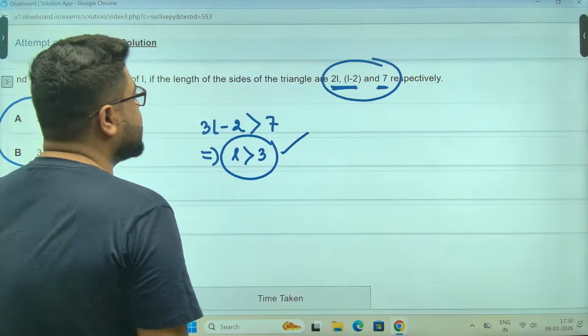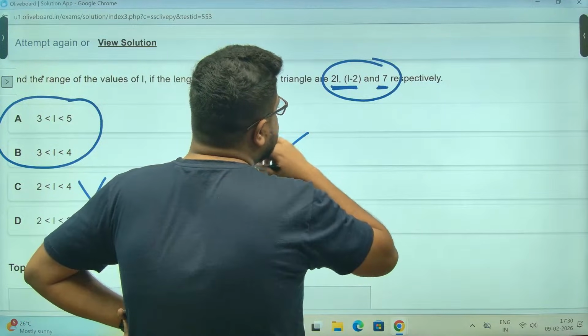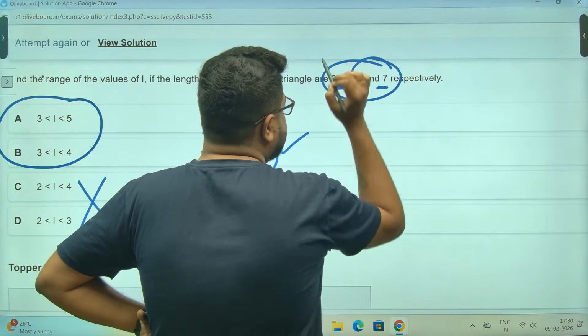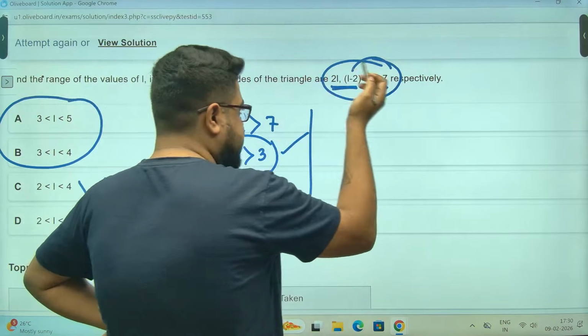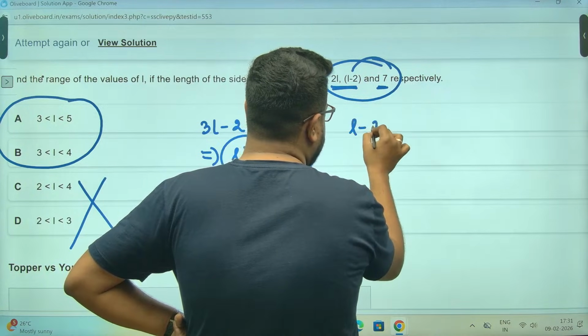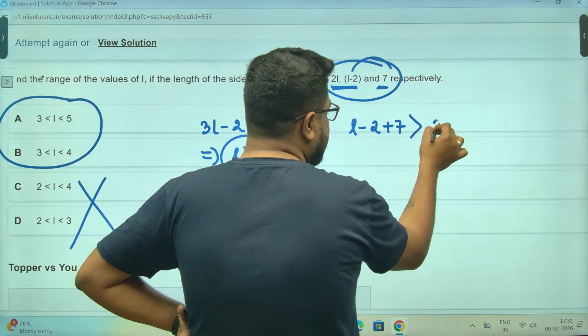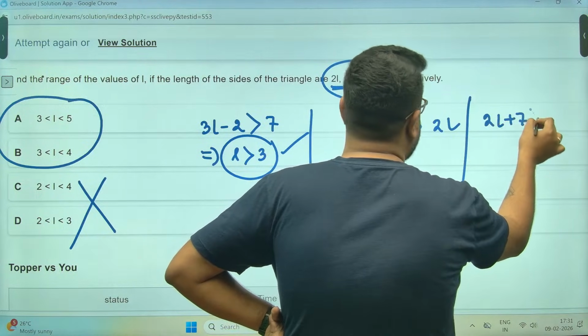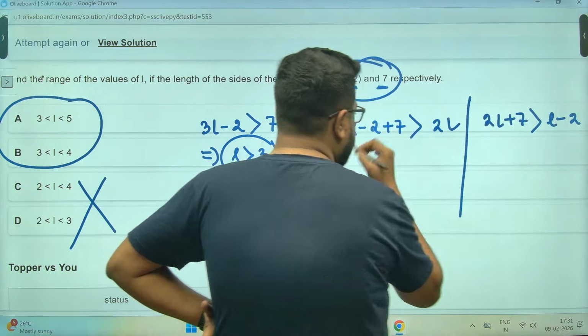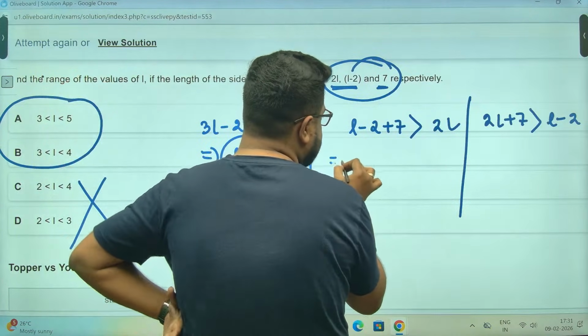Now let's do the other two. Sir, let's take these two and this one. Or I can take three combinations. Let's see what comes. L minus 2 plus 7 must be greater than 2L. The other combination is 2L plus 7 must be greater than L minus 2. I have to check which one satisfies.